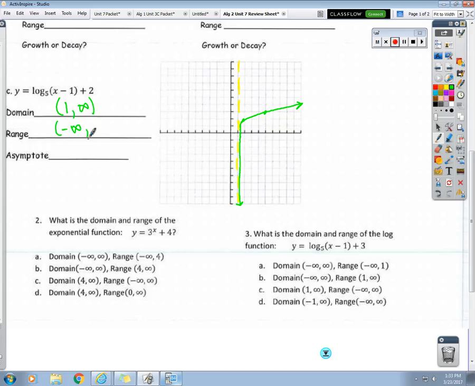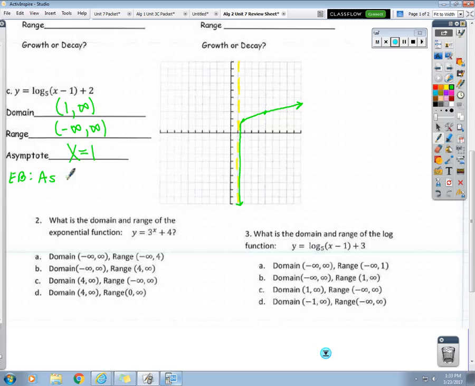Right. Remember, with logarithms, it's always the range that's all real numbers because a vertical barrier won't keep you from going down forever and up forever. And then how do we write the equation of this asymptote? x equals 1 because it cuts through the x-axis at 1. Okay, for end behavior.